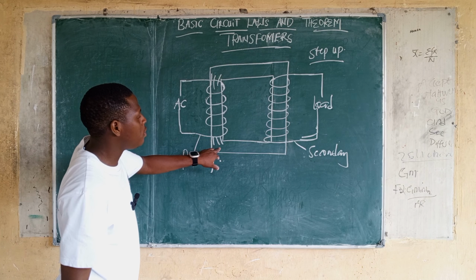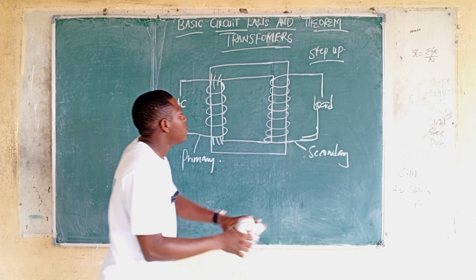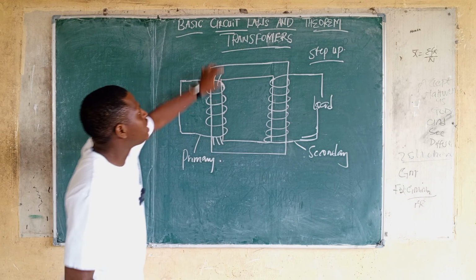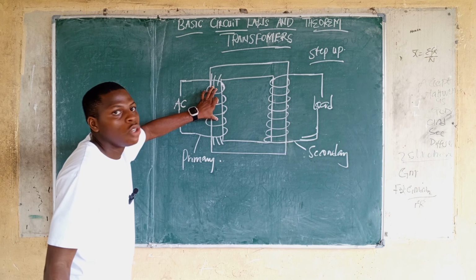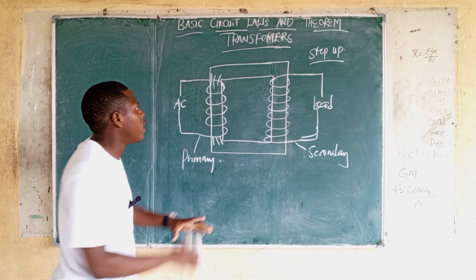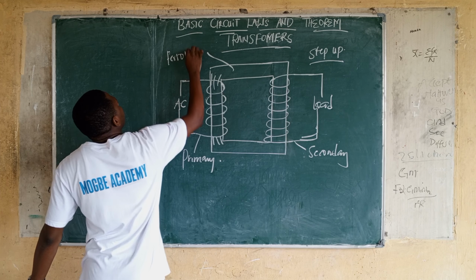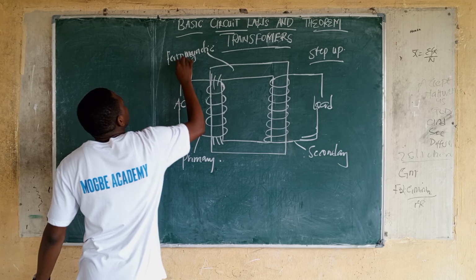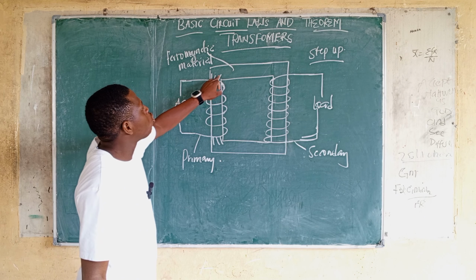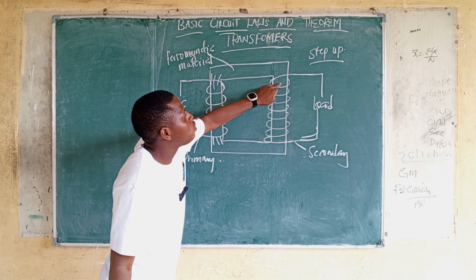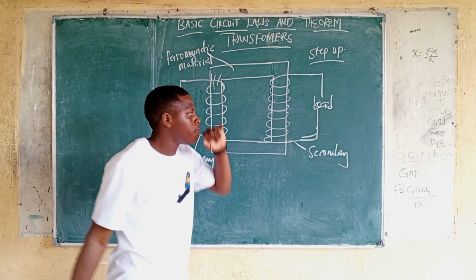Now, when this magnetic field is being generated, the magnetic field passes through this ferromagnetic material. So now we've understood that this is a ferromagnetic material, and magnetic field is being generated in your primary side of your transformer. Your magnetic field passes through this ferromagnetic material down to your secondary side of your transformer, where voltage is being induced.